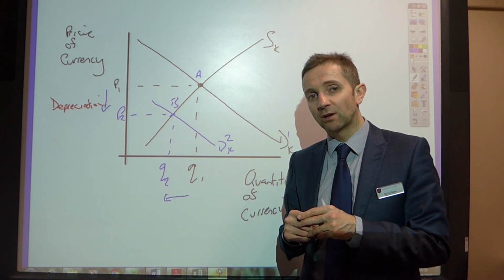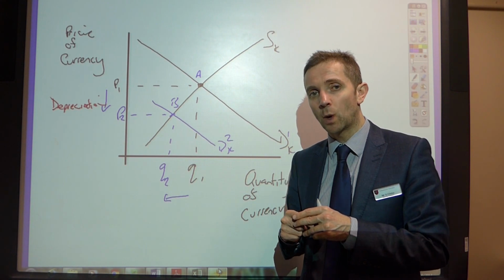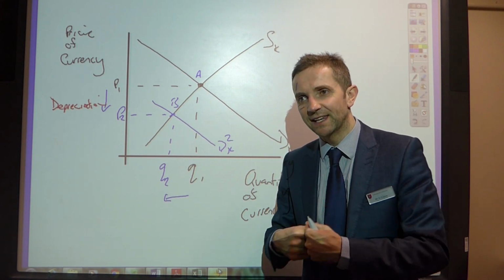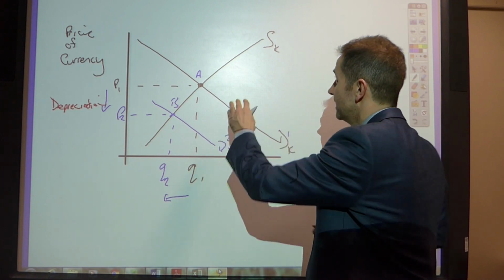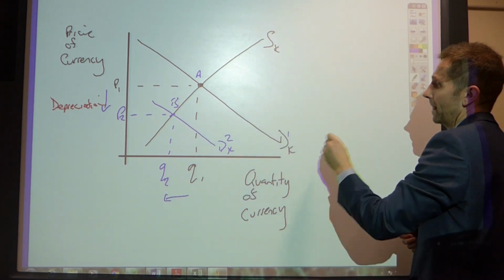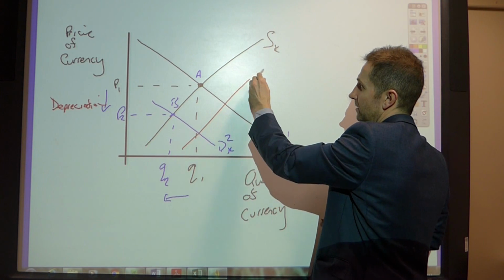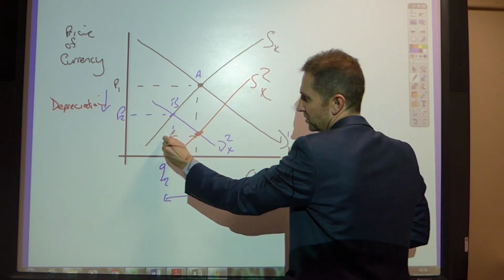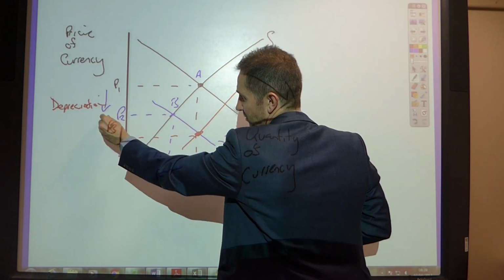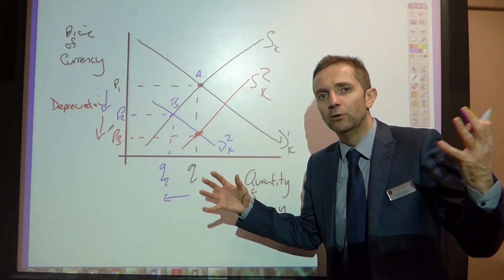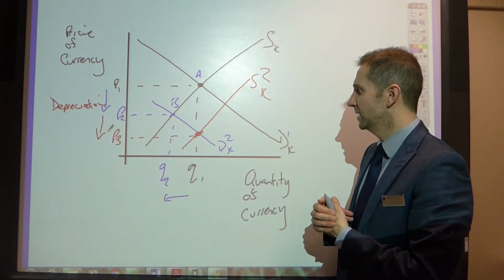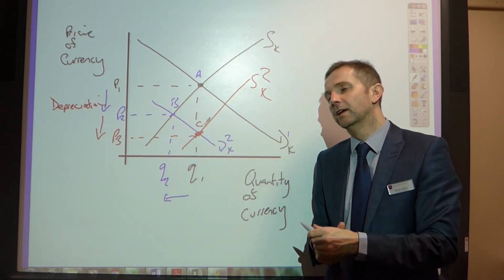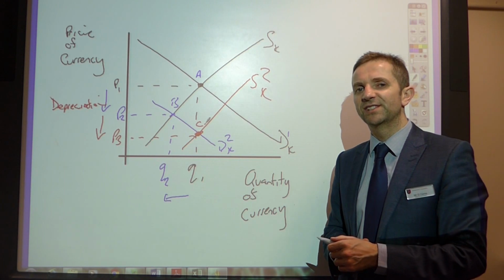And so they will then start to sell the Zambian kwacha. As you know, when there's a big sale of the Zambian kwacha, that will shift the supply curve to the right, to S2 kwacha. And so your final equilibrium position might be actually way down here, so you get an even further reduction and depreciation in the value of the kwacha. Final equilibrium resting at point C.